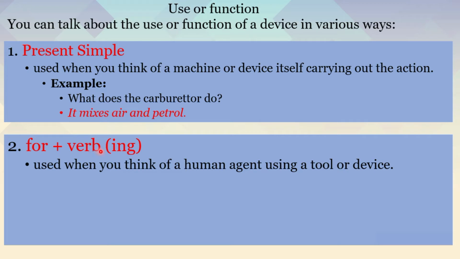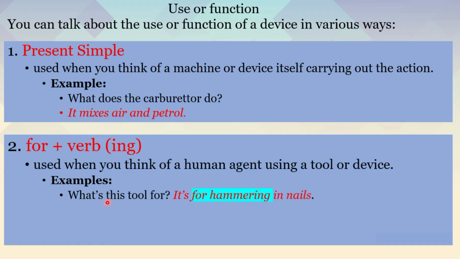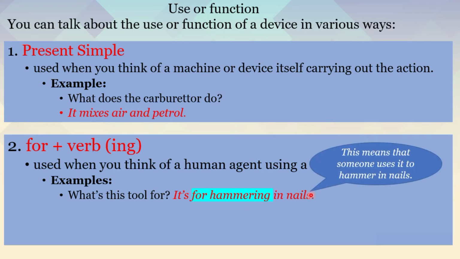We use this structure when we think of a human agent using a tool or device. For example, what's this tool for? It's for hammering in nails. This means that someone uses it to hammer in nails.